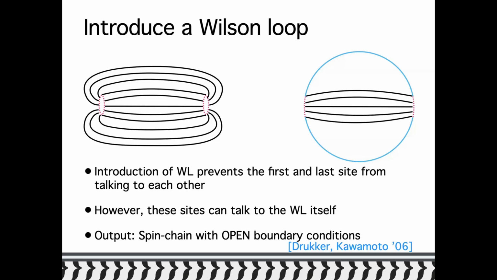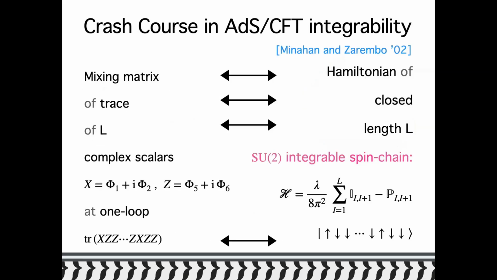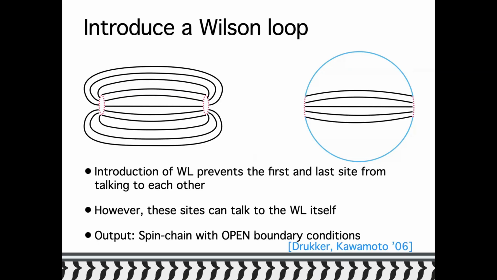So essentially, what you get is that in the usual N=4 case, you have some SU(2) Heisenberg spin chain with closed periodic boundary conditions, and now we have essentially the same spin chain but with open boundary conditions.